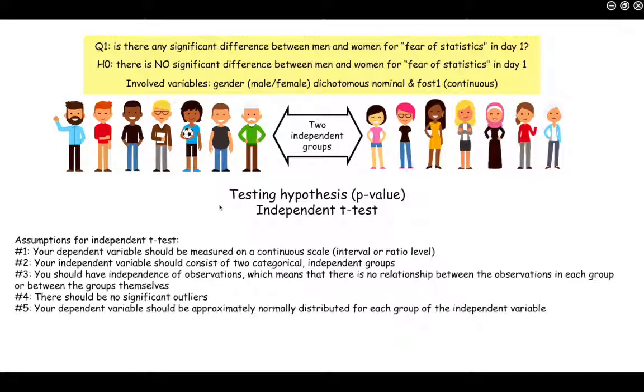Assumption number five says that your dependent variable should be approximately normally distributed for each group of the independent variable. When we say approximately normally distributed, this assumption for independent t-tests only requires approximately normal data, not completely normal, because the test is quite robust to violations of normality, meaning this assumption can be a little violated and still provide valid results.